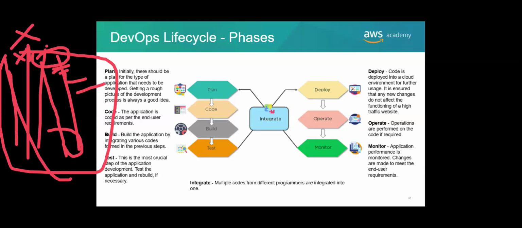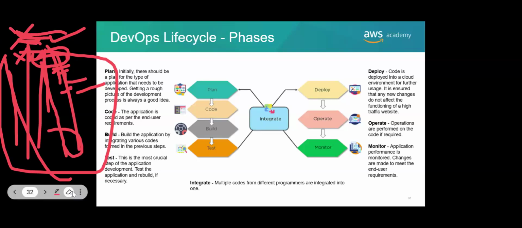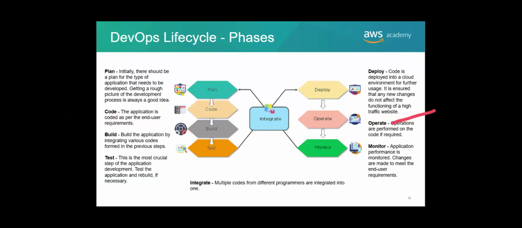Simultaneously, I will build the bridge as well. So both should happen. Once the bridge is ready, automatically the traffic will flow through the bridge only. Same thing: you should not affect the existing one.